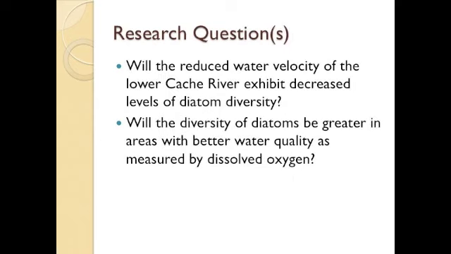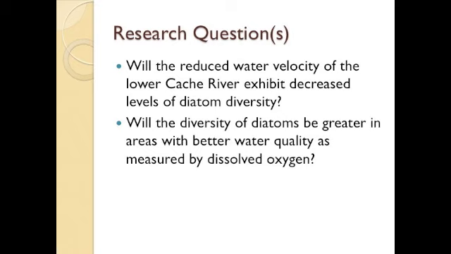And the questions are, will the reduced water velocity of the lower Cache River exhibit decreased levels of diatom diversity? We know that when water flows, we have more oxygen concentration. At a certain point, it becomes toxic due to low oxygen levels. And then the second question, will the diversity of diatoms be greater in areas with better water quality?